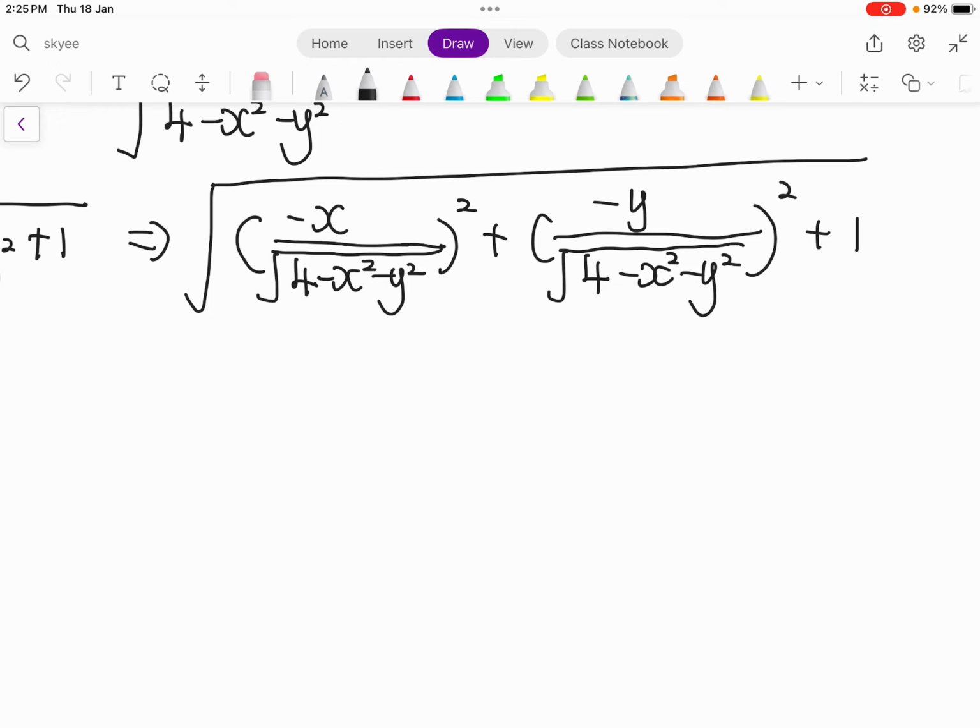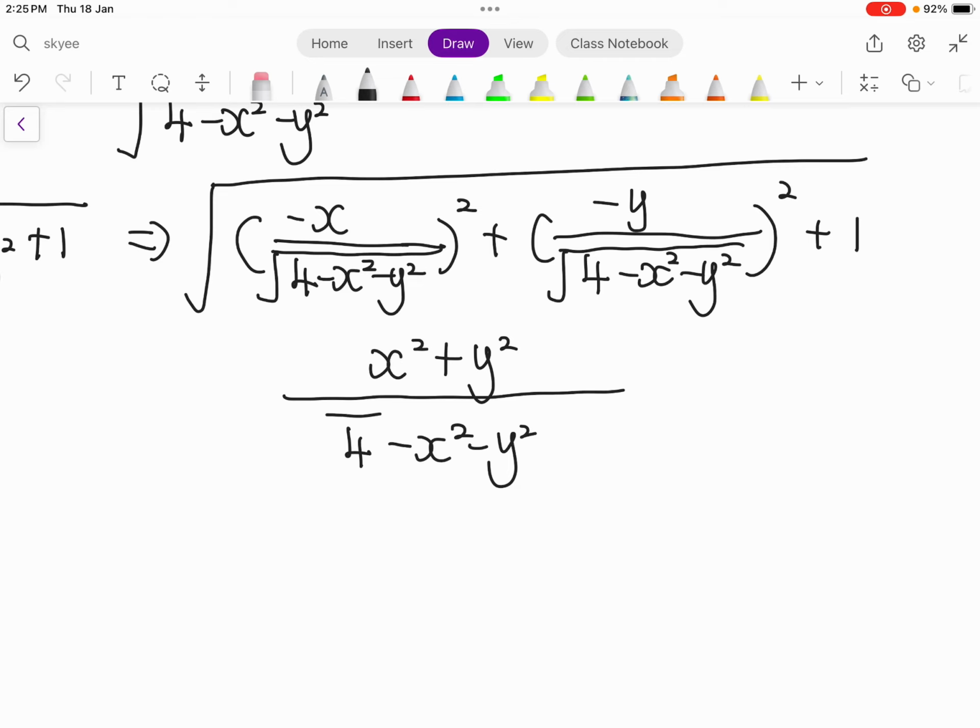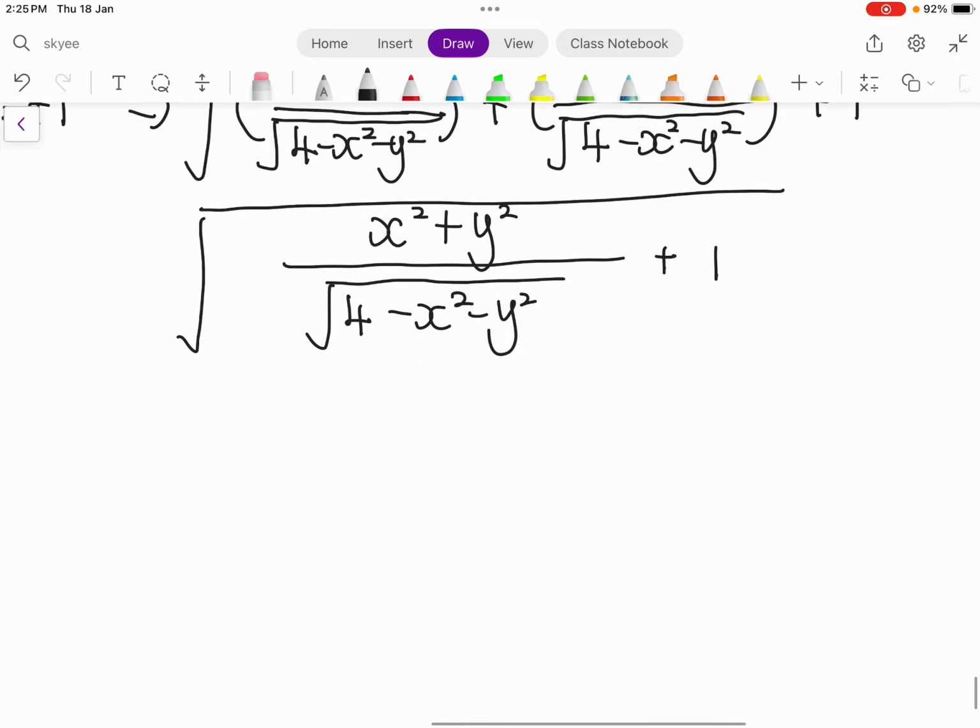In the second question, you decide to use the polar coordinate, which means this thing you have to transform to polar coordinate as well. That means you have to convert it to r and theta. So you could write it as x squared plus y squared over 4 minus x squared minus y squared, plus 1, and then outside you will have a big square root.